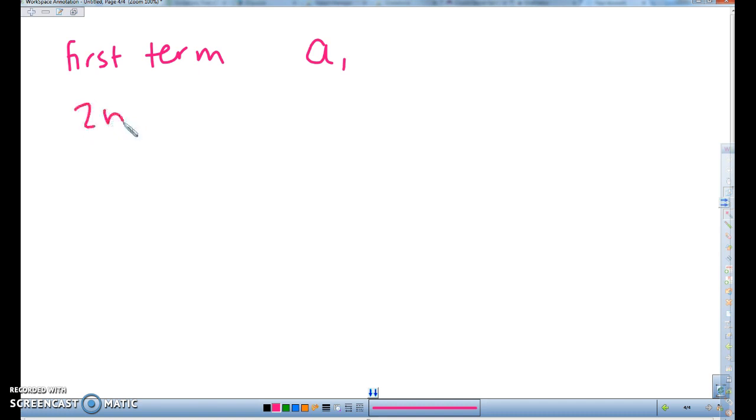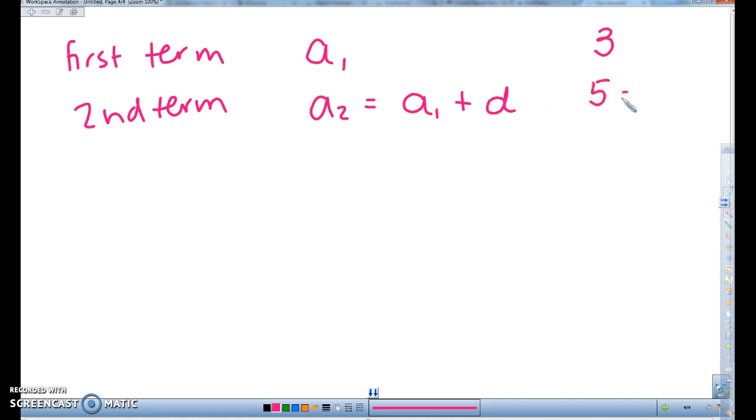Our second term would be, we have a sub 2 equals that a sub 1, that first term, plus our common difference. And if I did an example column here, if my first number was 3, and we'll look at this example we did first with the odd numbers, my second number was 5, and 5 is equal to 3 plus our common difference of 2.